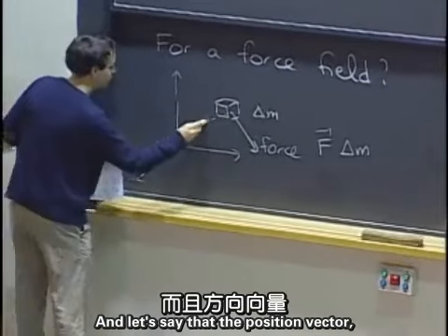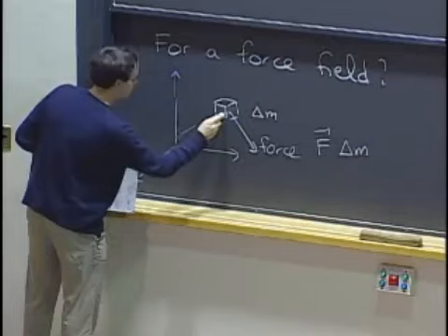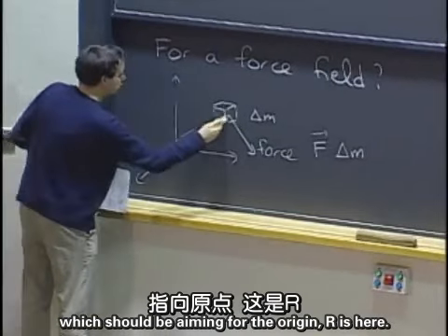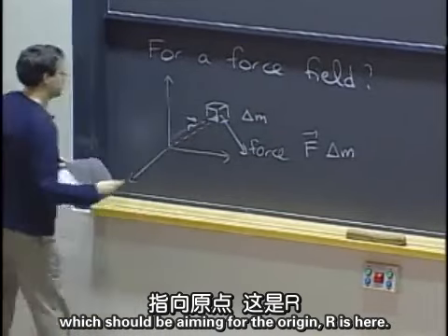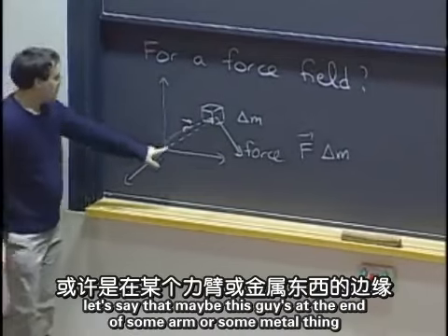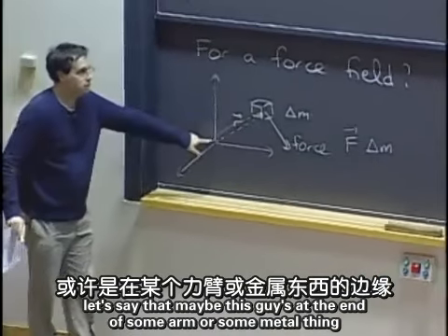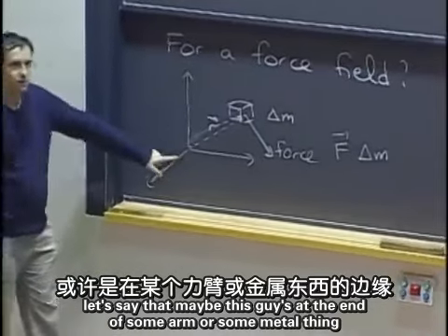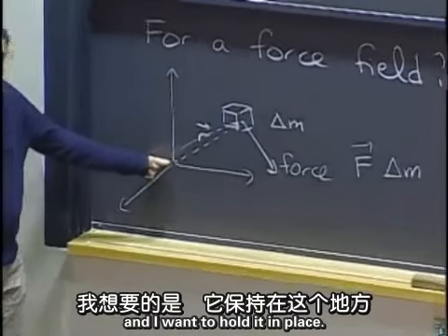And let's say that the position vector r is here. And now let's say that this guy is at the end of some arm or some metal thing, and I want to hold it in place.